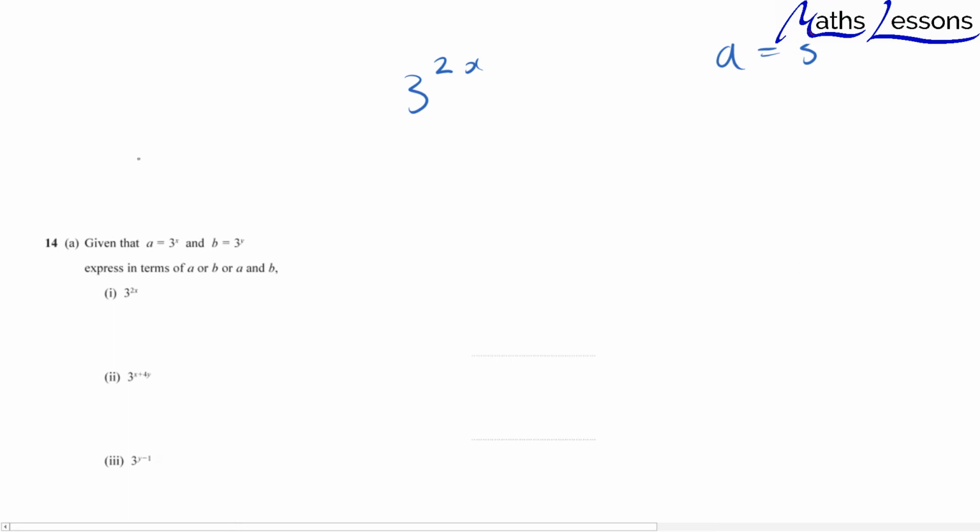Now what you need to know is that 3 to the a, to the b, is equal to 3 to the ab. Also, 3 to the b, to the a, is equal to 3 to the ab. It doesn't matter which way around you put these powers. B times A is the same as A times B. So we times the indices. So you can think of this as 3 to the x, to the 2.